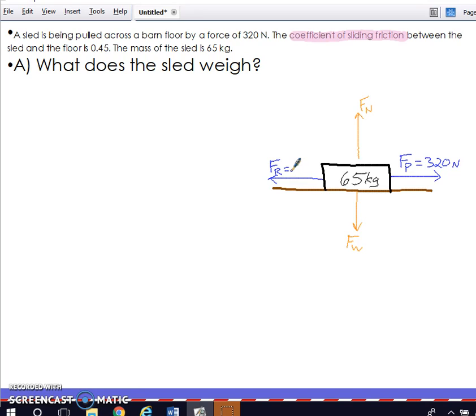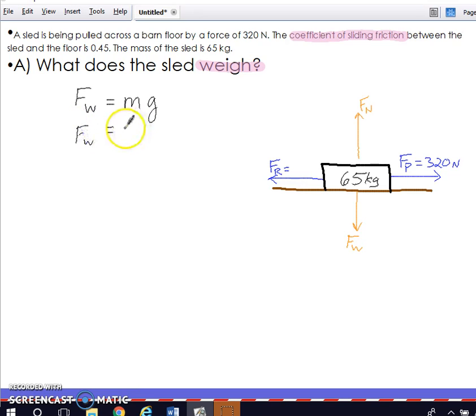So part A says, what does the sled weigh? Now I have my free body diagram labeled with things that I know. I can start solving. Well, remember, weight, by definition, is FW. So we have FW equals weight, which is mass times gravity. All I have to do there is substitute in the values.